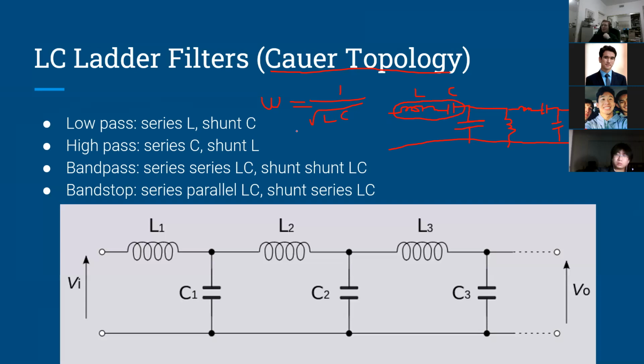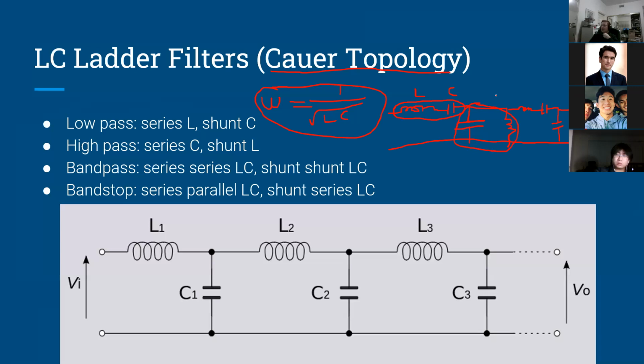And that makes sense because this is a bandpass filter. Assuming that we want to pass this particular frequency, we should expect this to be 0 ohms at that frequency. And then this guy, what would this be at resonance? Infinity.